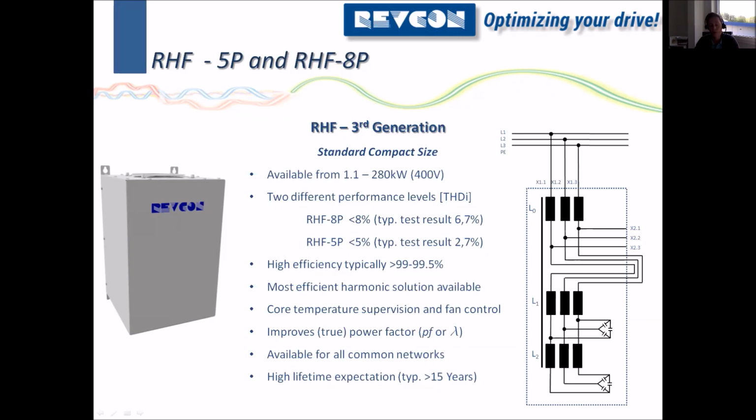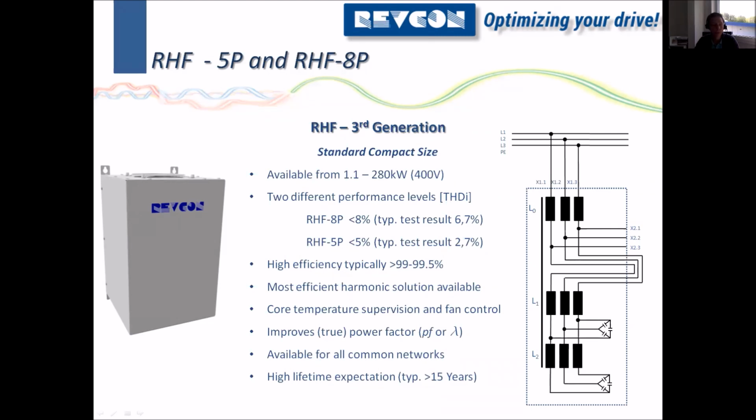So the typical result will be 2.7, 6.7. And the main difference, especially about the 5% filter, is that the efficiency is typically 99.5%, or 99 up to 99.5. This filter is available for all voltages and all frequencies that you can imagine, at least in the low voltage area.